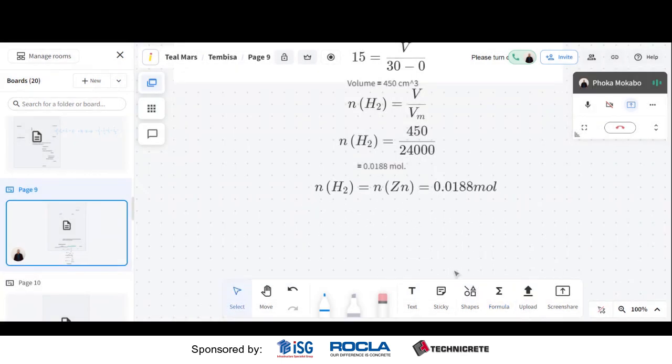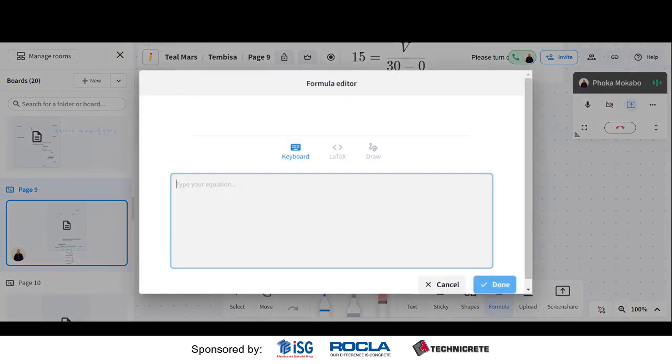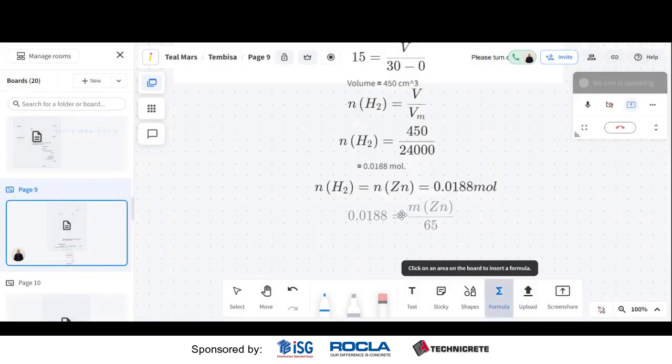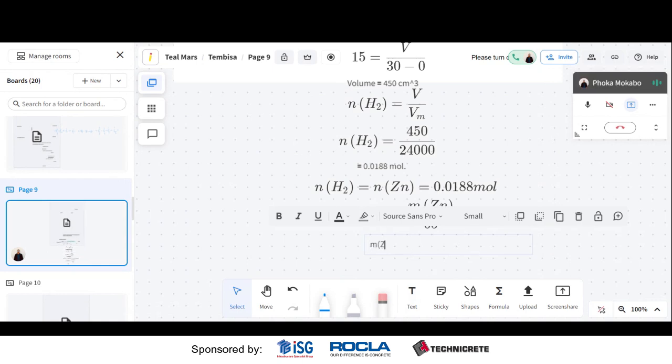From there, you can multiply it by the molar mass of zinc to get the mass of zinc. So 0.0188 is equal to the mass of zinc, which we currently are looking for, all over the molar mass of zinc, which is 65, and that you get from your periodic table. Substitute that in, and eventually you end up with a mass of zinc equal to 1.22 grams.